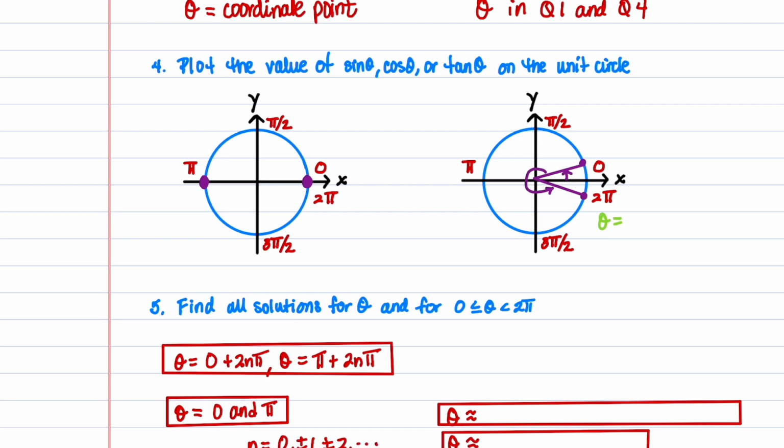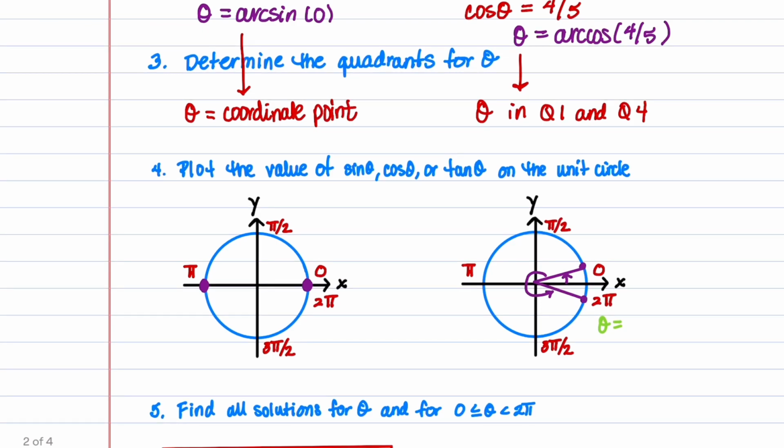Let's come back now and solve our second equation. Theta is located in quadrants 1 and quadrant 4, and is equal to arc cosine of 4/5. So let's write down that theta in our first quadrant is equal to theta sub r, and it's the arc cosine of 4/5.